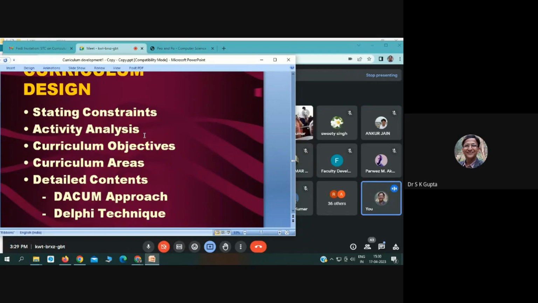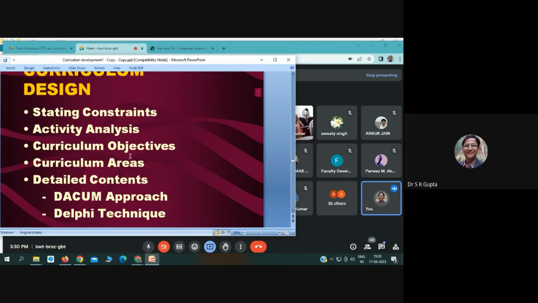Then accordingly, we decide the curriculum objectives. That is, what will be your PEOs, program educational objectives, what will be your program outcomes, and then from curriculum areas, we decide what will be their course outcomes.